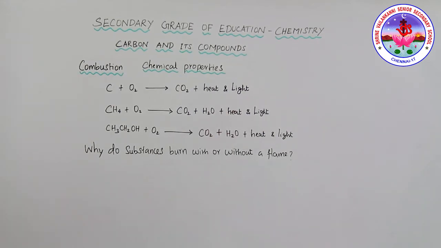Why do substances burn with or without a flame? You have seen that a candle or LPG in a gas stove burns with a flame. However, sometimes coal or charcoal just glows red and gives out heat without a flame. This is because a flame is only produced when a gaseous substance is burned.